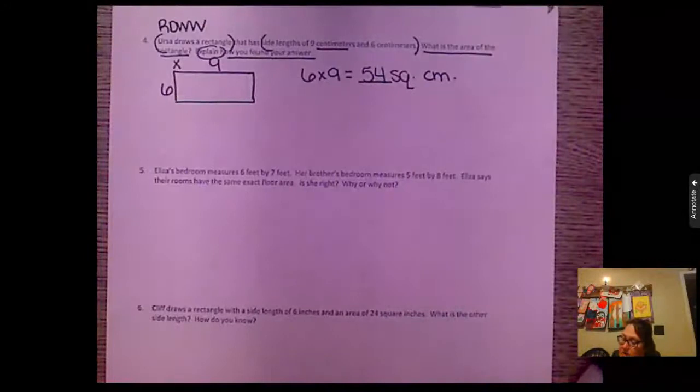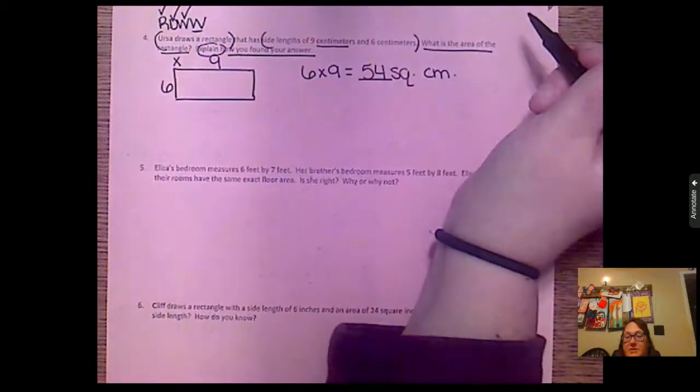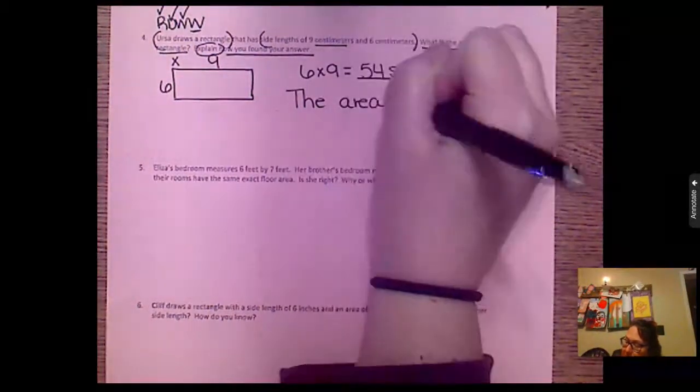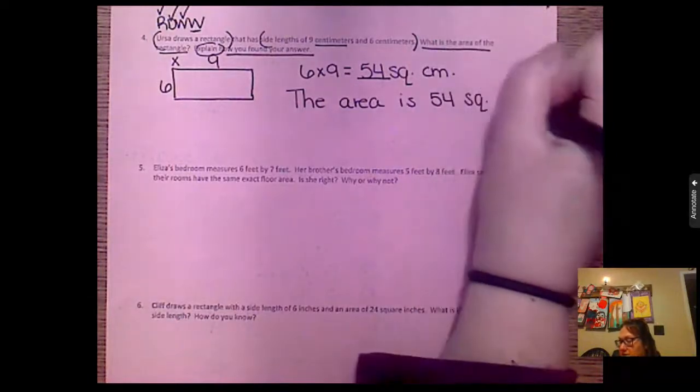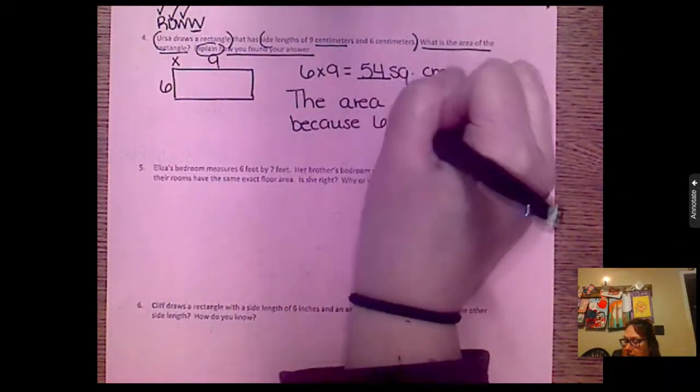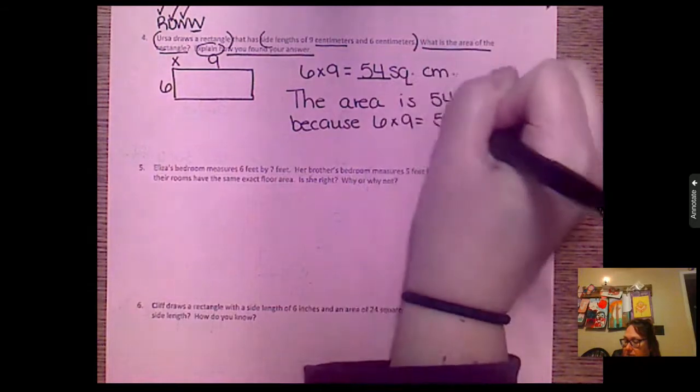Okay, so I did my read, I did my draw, I wrote a number sentence on each to my right. This is what is the area of the rectangle, and explain how you found your answer. So we need a why or a because. So the area is 54 square centimeters because 6 times 9 equals 54.